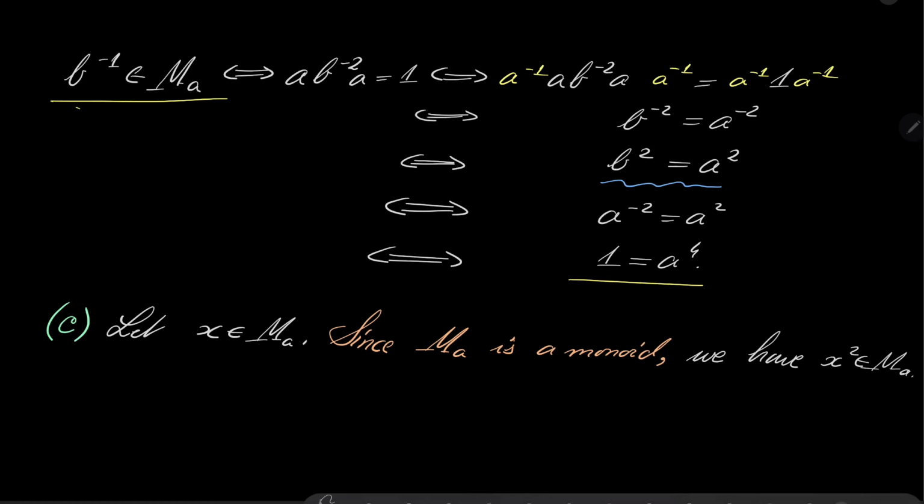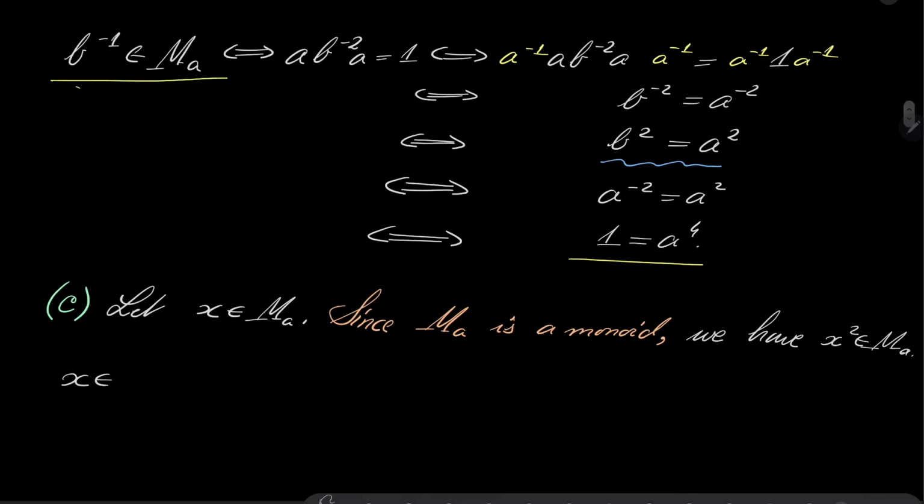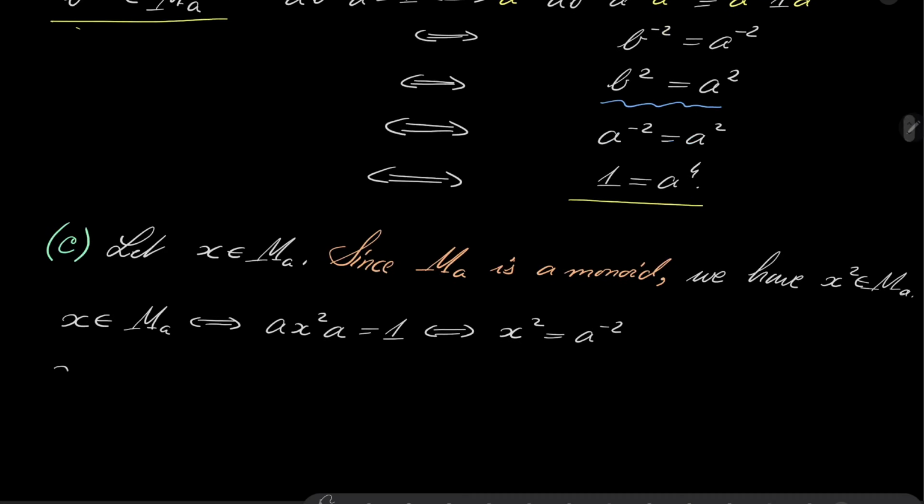Alright, but now, what does it mean? Notice that x is in M sub A is equivalent to saying that A x squared A equals 1, and this is equivalent, once again, to saying that x squared equals A to the minus second power, and x squared is in M sub A. This is in turn equivalent to saying that A x squared squared, which is A x to the fourth power A, is 1, which is equivalent to saying that x to the fourth power equals A to the minus second power.